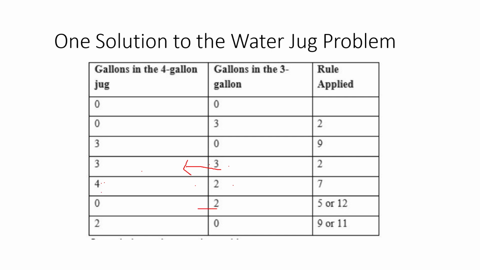Then our goal state is that the first jug has 2 and the second jug can be anything, so we are pouring the 2 gallons of water to the first jug, so it will become 2 comma 0 and we reach the goal state. There may be many solutions. Now we are moving to the next example.